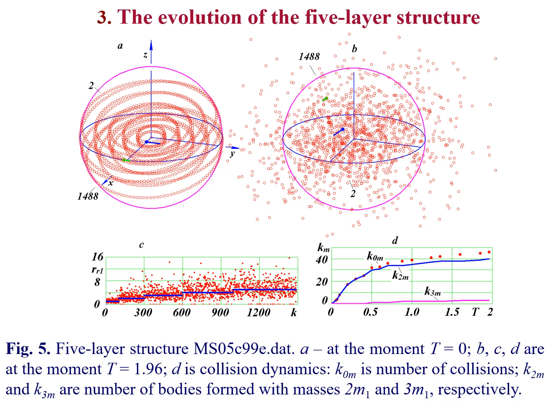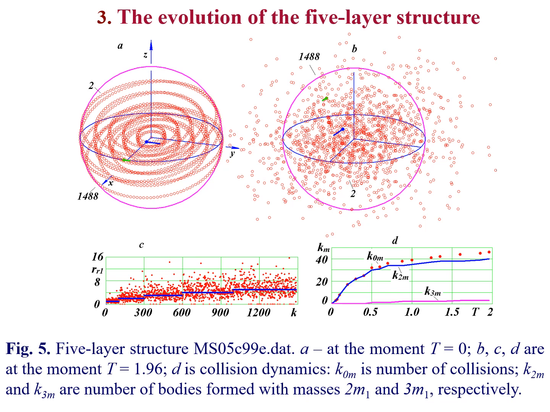There were 46 collisions in the structure. Figure 5c shows the distribution of relative distance of bodies R/R1 from the center of mass depending on their numbers k.